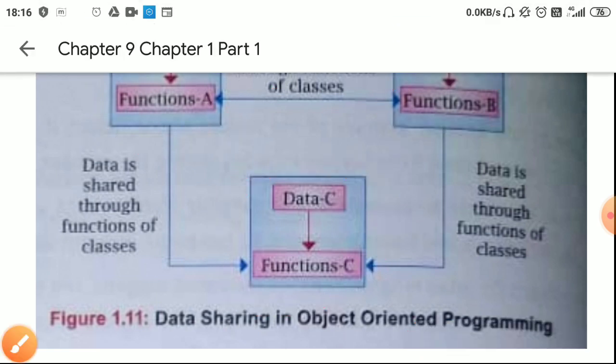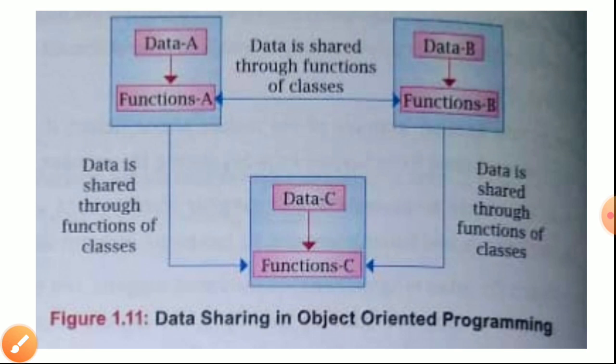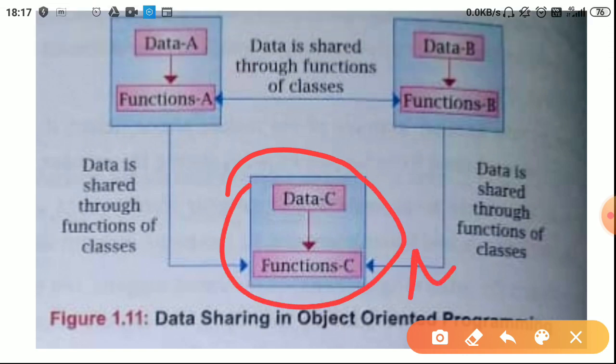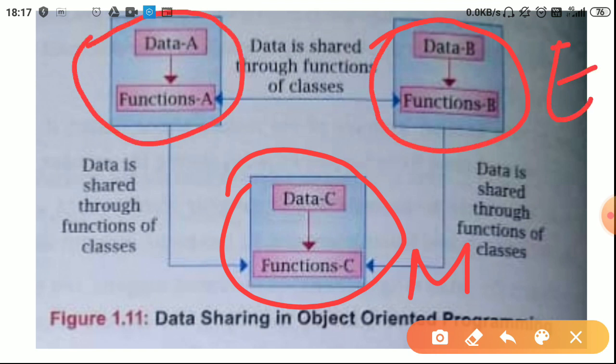If we take, for example, a banking application, let's say this is an example for a banking software. We might say that this object is the manager object, this object is the employee object, and this object here is the customer object.